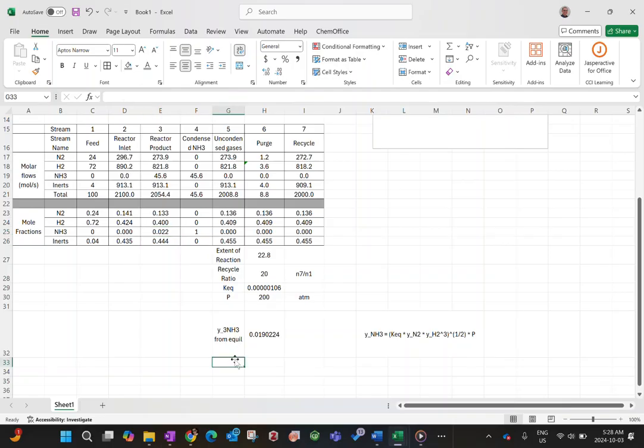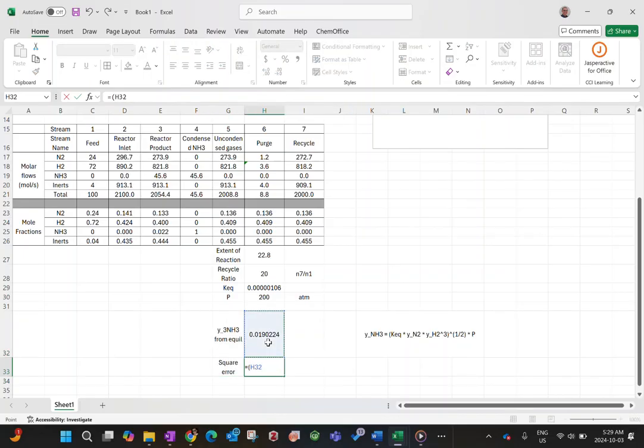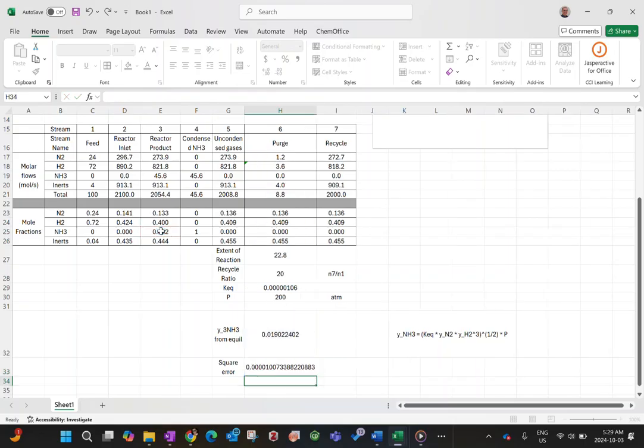And so now I'm going to compute the sum of errors. So let's do the square error. I'm going to do this guy minus this guy, because we're trying to minimize the difference in the mole fractions, squared.